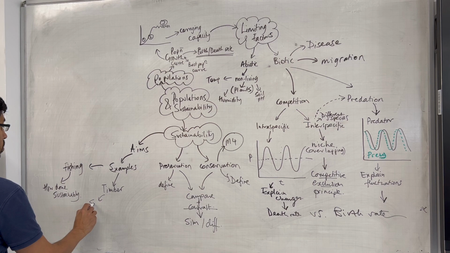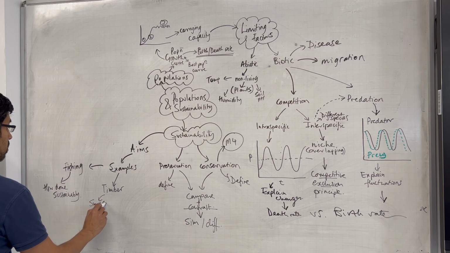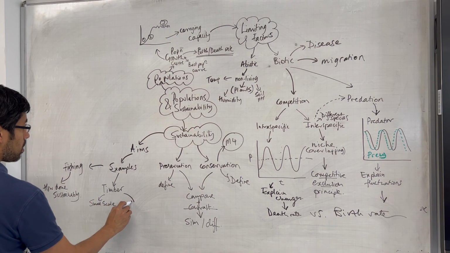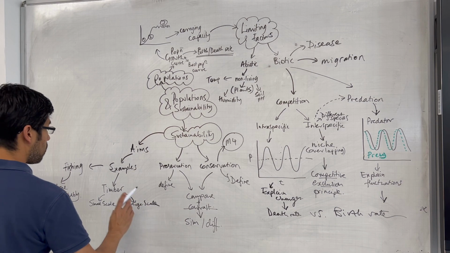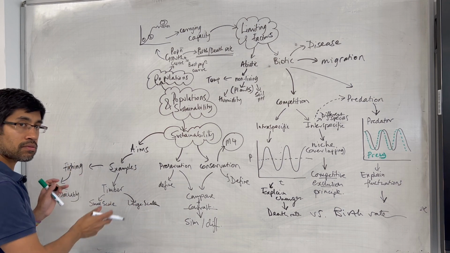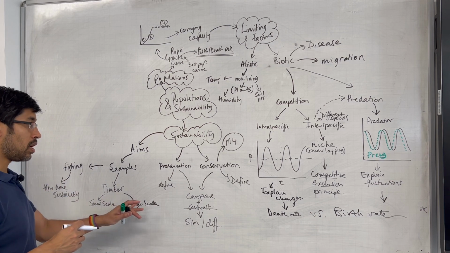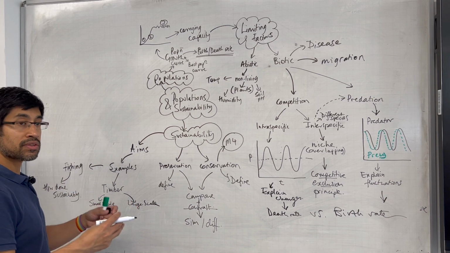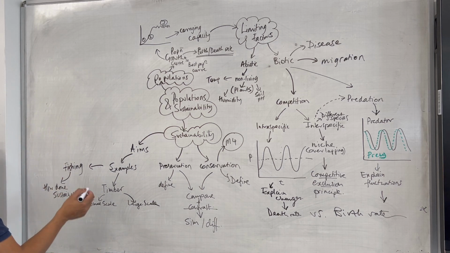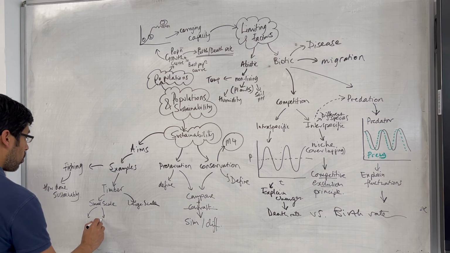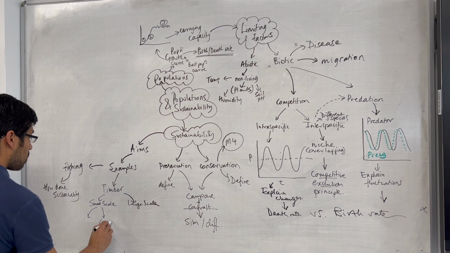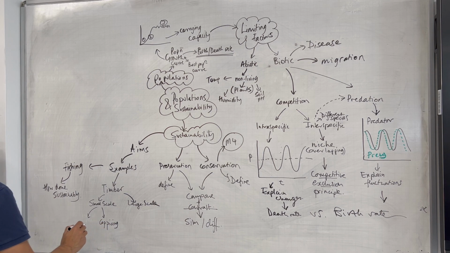we have small scale and large scale. The small scale can be done in a sustainable way. The large scale is currently not sustainable. So on the small scale, we have coppicing, rotational otherwise.